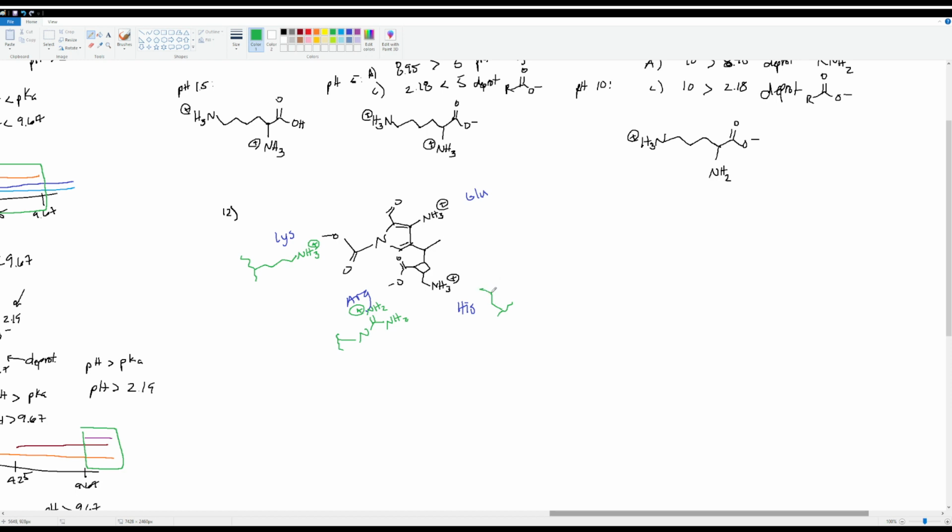Histidine, what's it called? Oh, shoot. Pencil. There we go. That's what histidine looks like, and then glutamic acid. Actually, I'm going to redraw histidine really quickly. Hold on.